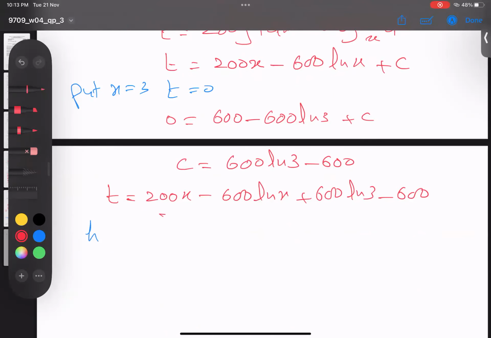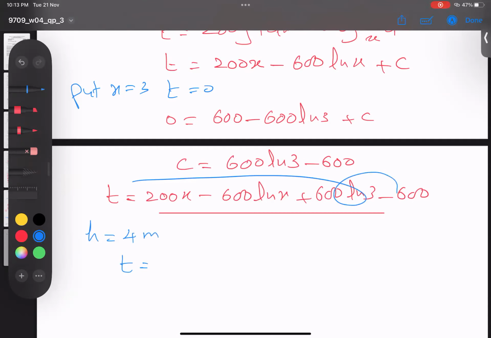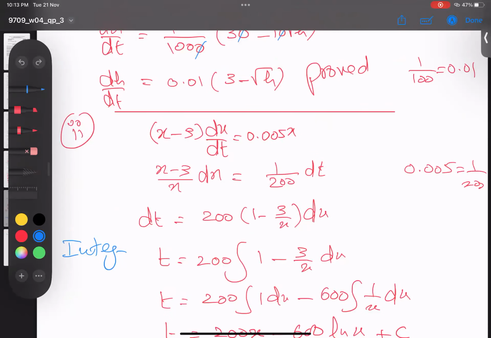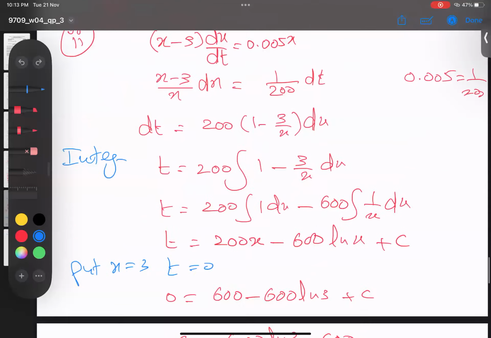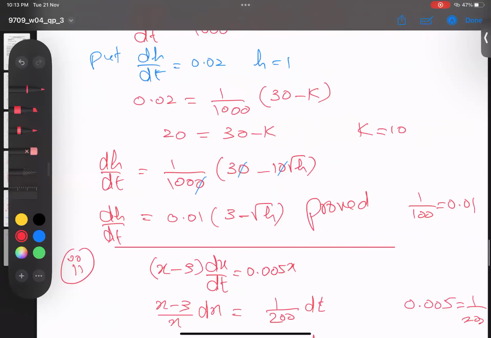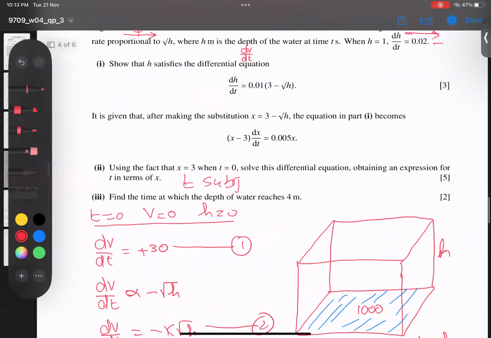You can see that this part is over. Now put h equals 4 meters, and time is the target. But the problem is that there is no h involved here. There are only the variables x and t. But he said the height is 4. So what is the technique? The technique we have available is this connection given here, connecting x with h.